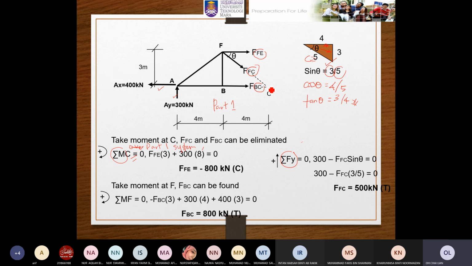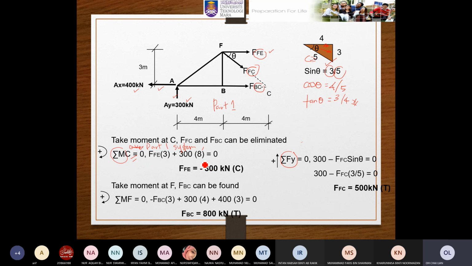In part 1, to get summation MC equal to 0, we will have this 300, we have a 400, and we have FFE. This tells you why you need to start with MC, because it eliminates more unknowns and remains only the FE force. So from here you can solve FE directly.